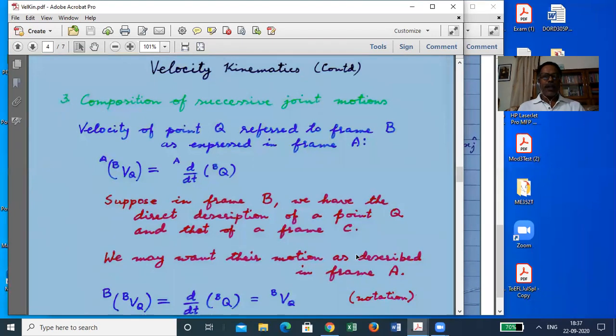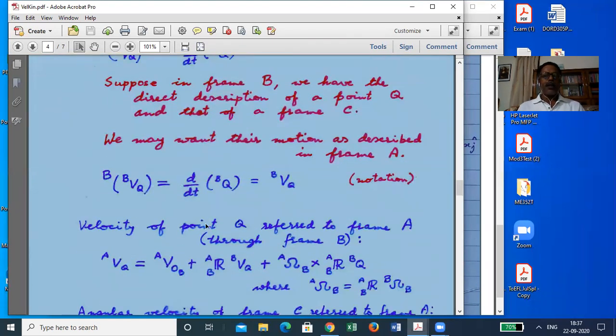And for that, this is what we have if the motion is required in the basis of B itself. Okay, then we describe it as this, simply condensing the double superscript. Now, velocity of point Q, the motion of which is directly known already in hand in frame B, we want its motion in frame A. So there are two things here.